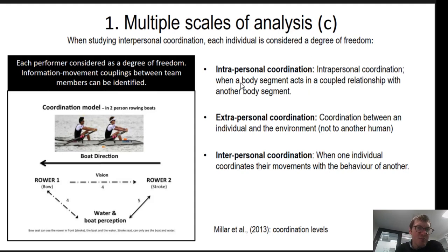Whereas with interpersonal coordination, they're not coupled by a physical, mechanical relationship. They're coupled informationally, right? They're coupled by, we see where the other person is, and so it's a looser coupling. It's not as strong a coupling. So if I move, it's going to take a little bit more time for the other person perhaps to move and adjust to my change in position or to coordinate with me.